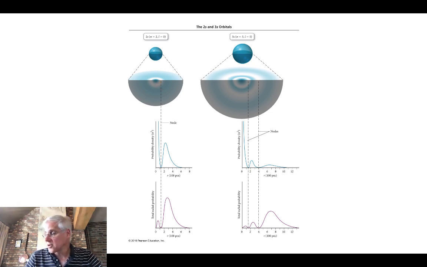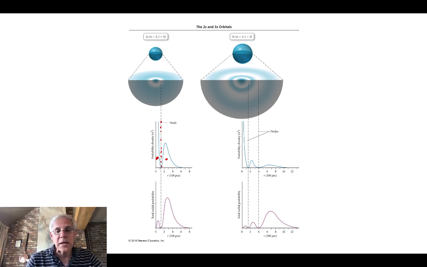And so the interesting thing I always think about is you can have an electron that goes from somewhere in here to somewhere out here, but it cannot cross this line right here. So it can go from one distance to another distance, but can't be at one point that's somewhere in between. I always find that really interesting.